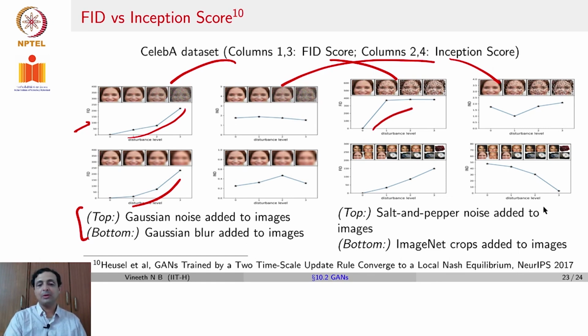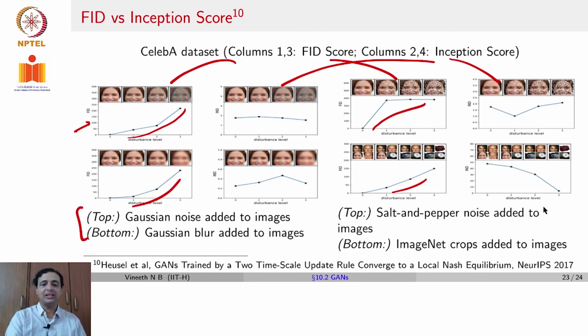Similarly, when salt and pepper noise is added, the FID keeps increasing. And when ImageNet crops are added to the CelebA dataset, so you take some images from ImageNet, crop certain portions and keep adding them to your CelebA dataset, once again the FID score goes up.